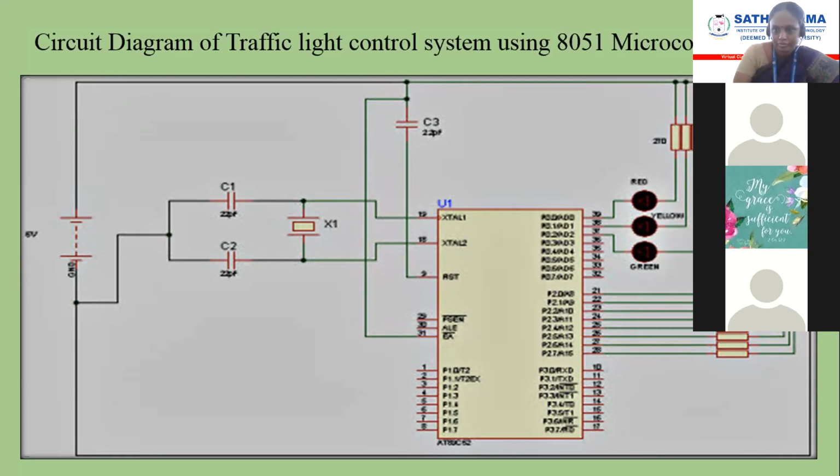So basically the automated light control system consists of 3 units. The display unit, which consists of the LED lights, the detector unit, which consists of the IR sensors and photodiode sensors, and the third one being the control unit, which is the microcontroller.